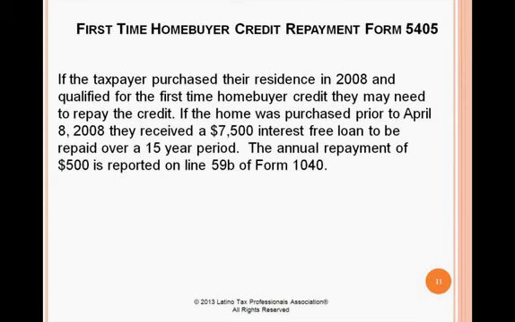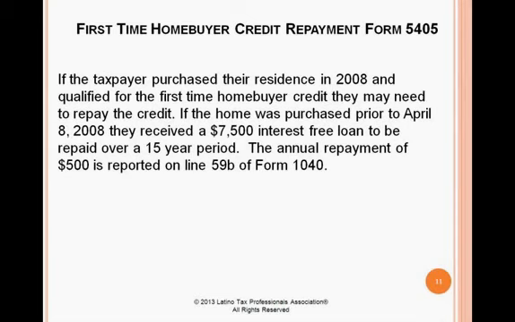Another tax, it's not technically a tax, but this is the place where you record it and pay it back, is the repayment for the first time home buyer credit, and you need to use Form 5405. So if you had purchased a residence in 2008 and qualified for the first time home buyer credit, then you may need to repay the credit, and probably have been.